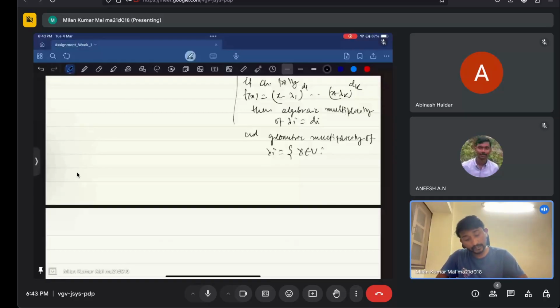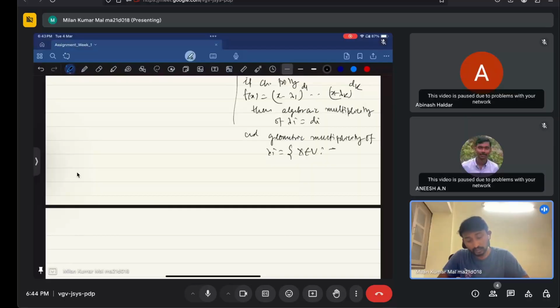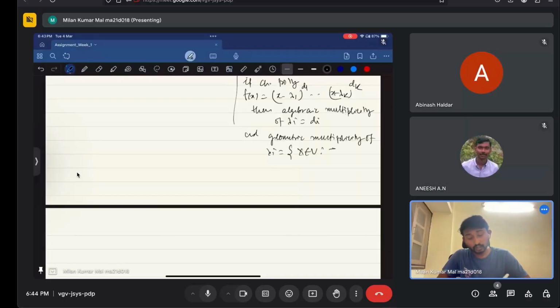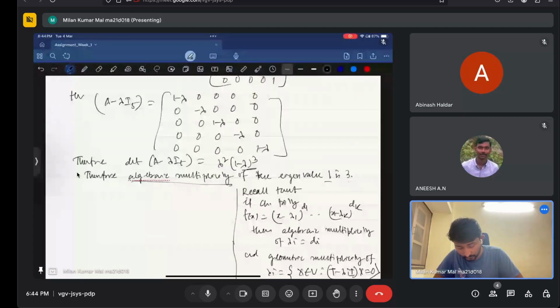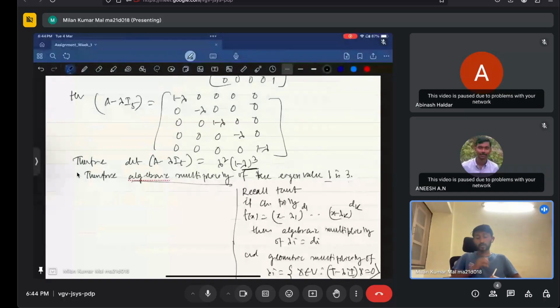So here the algebraic multiplicity of the eigenvalue 1 is 3, because you can look at the degree corresponding to the eigenvalue 1. So the eigenvalues of T are 0 and 1. So the first option is correct, therefore the algebraic multiplicity of 1 is 3.